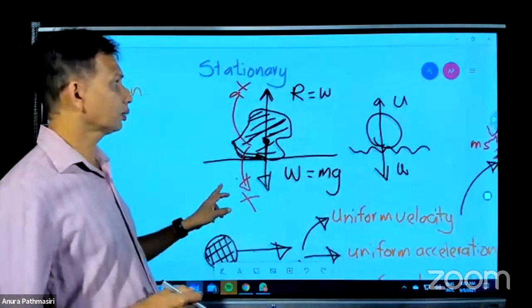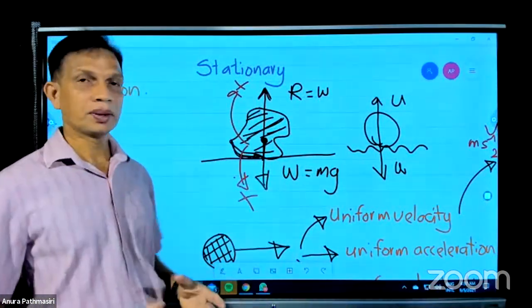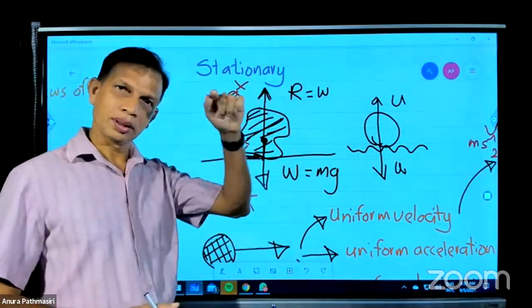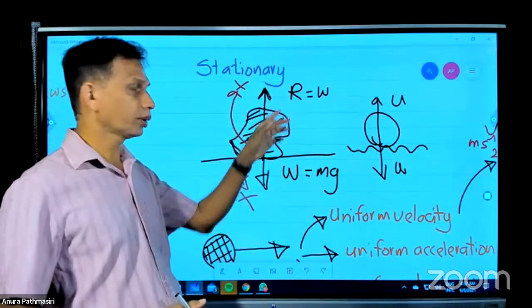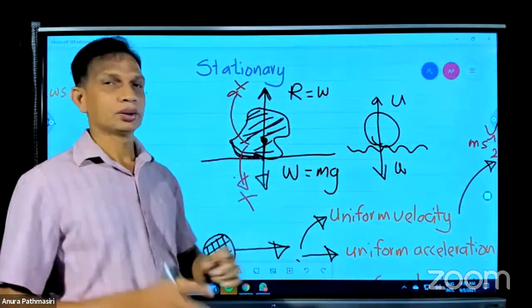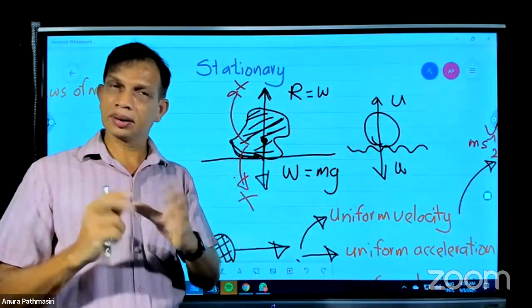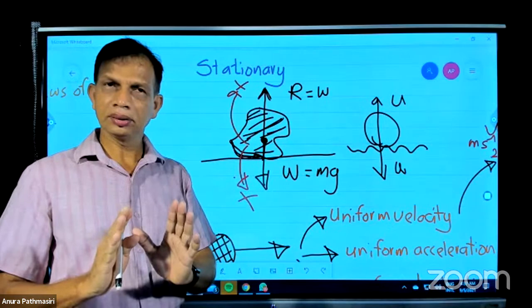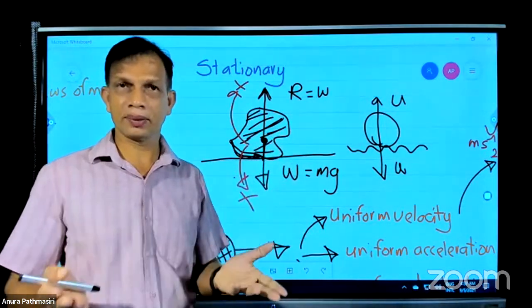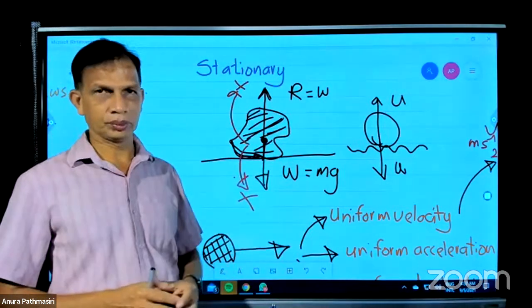What is it when an object remains stationary? Like this. When an object is stationary, it has two forces: W downwards, and the normal reactive force, or perpendicular reaction, upward, R. These are considered together, and they are equal. So the object is in equilibrium. Forces are in equilibrium. It does not move.